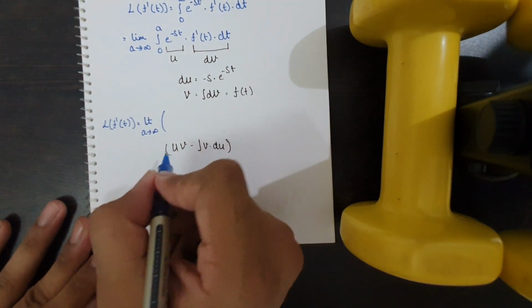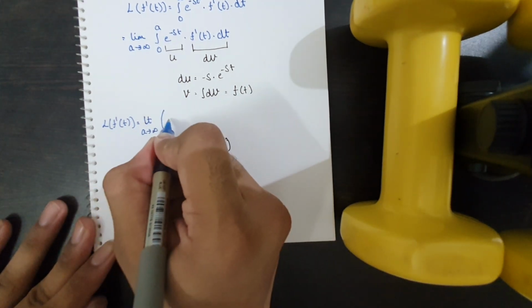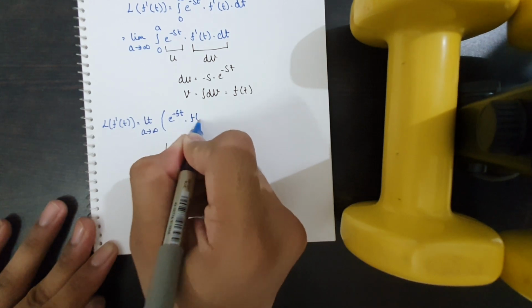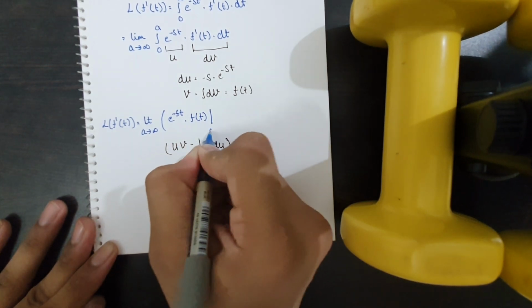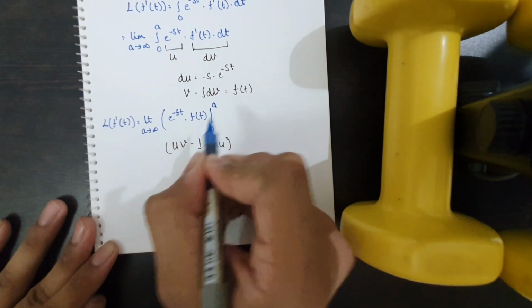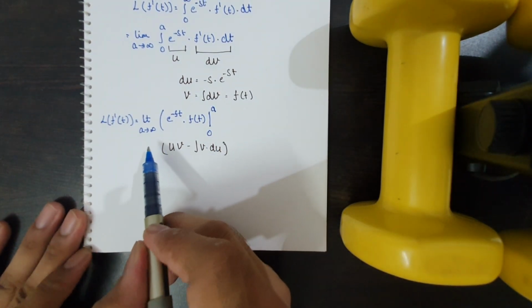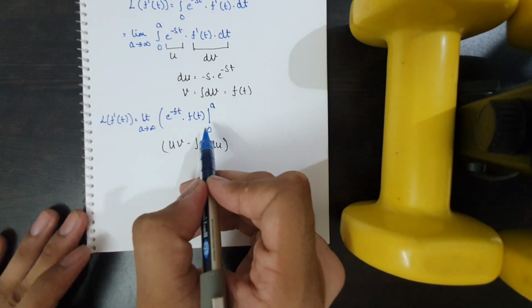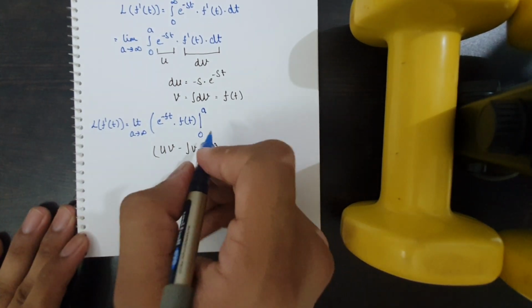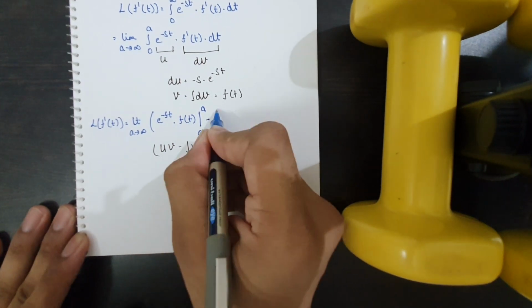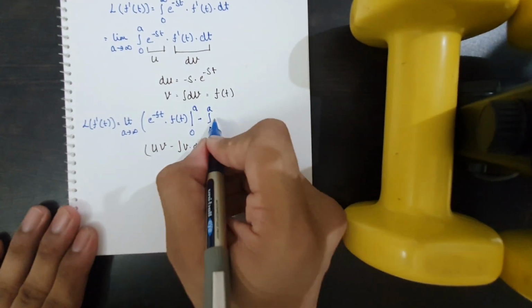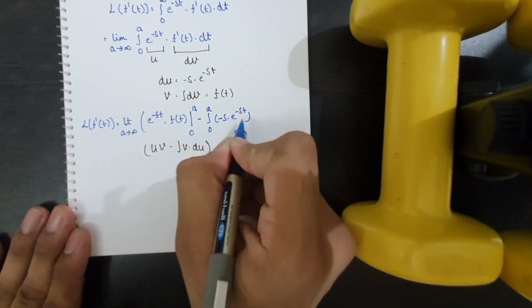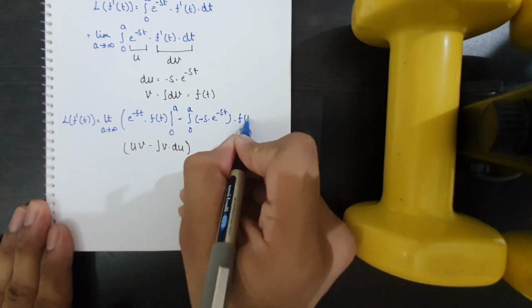So uv, that is e power minus st f of t, from 0 to a, because the limits which we have taken here are 0 to a. We also get the limits as 0 to a, minus integral 0 to a of minus s e power minus st and f of t dt.